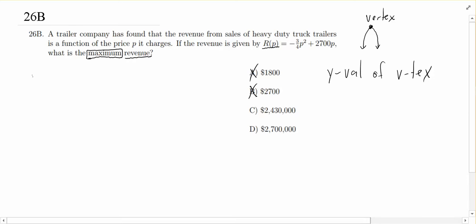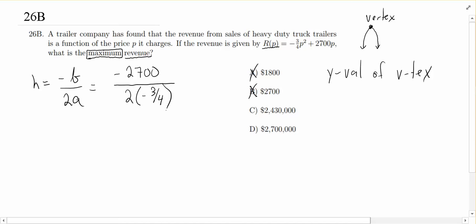So remember the formula for the x value of the vertex is that it's the opposite of b over 2a. So in terms of this problem, my b is 2,700, so that's going to give me negative 2,700 over 2 times negative 3/4.